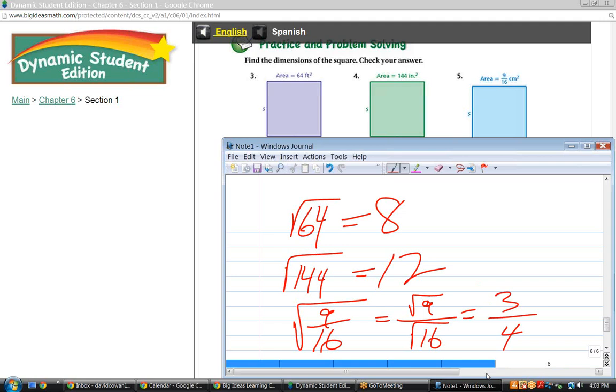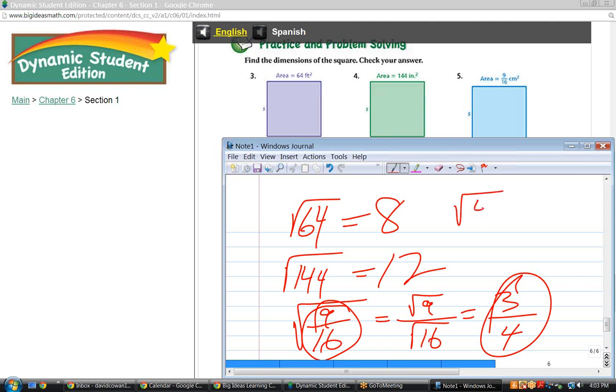Notice that when you take the square root of numbers less than 1, they get bigger. 3/4 is a bigger number than 9/16. 9/16 is barely more than a half. And that's always the case.